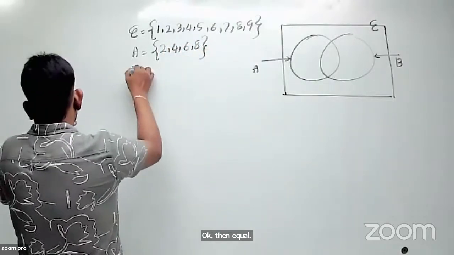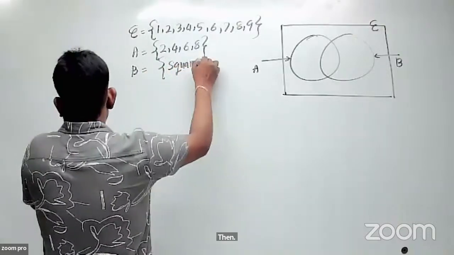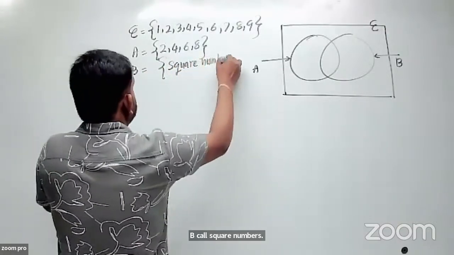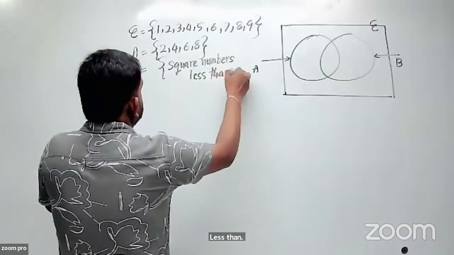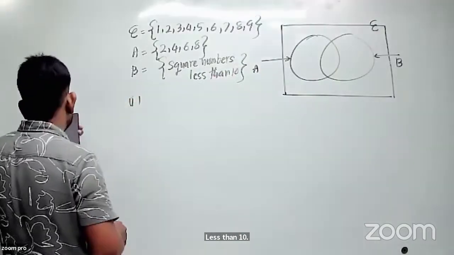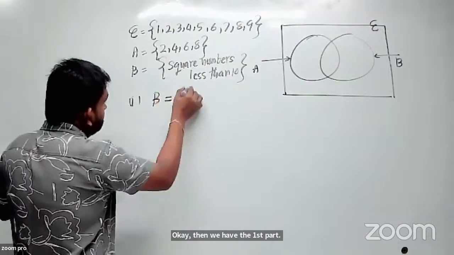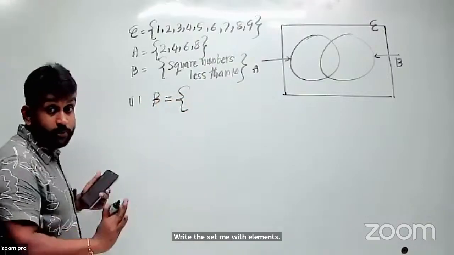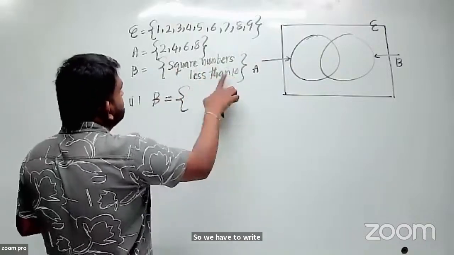Then B equals square numbers less than 10. Then we have the first part: write the set B with elements. So we have to write B equals, and within the curly brackets, the square numbers less than 10.